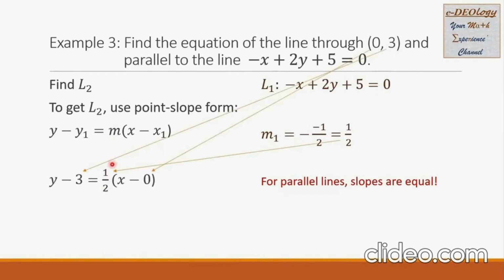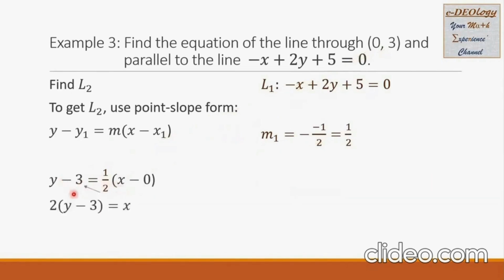Substituting the values, we have now y minus 3 equals 1/2 times the quantity x minus 0. To simplify further, this number 2 here, we will cross multiply to the left side.